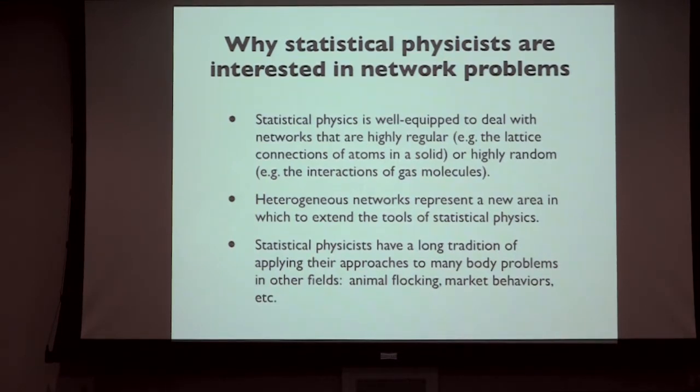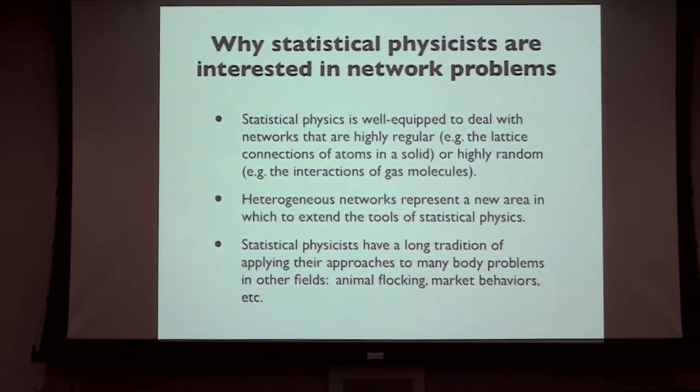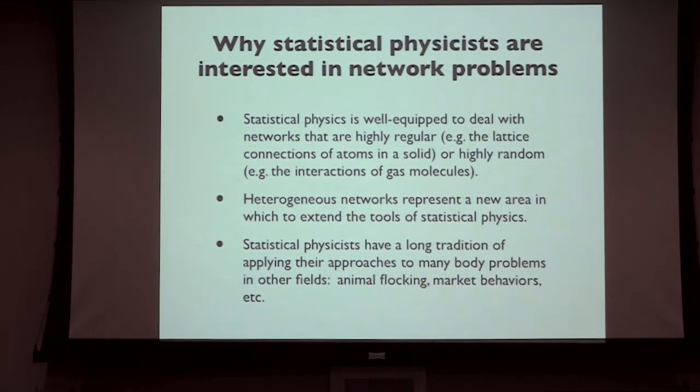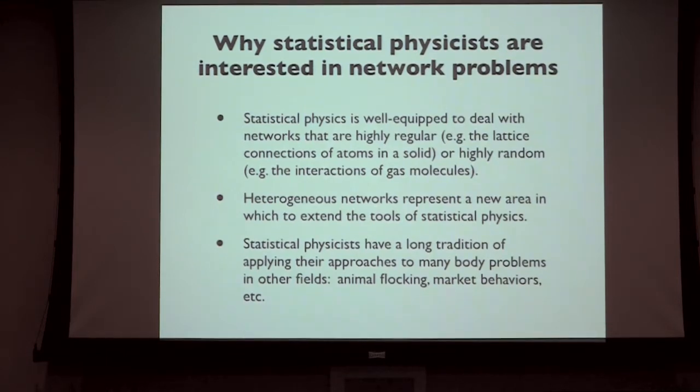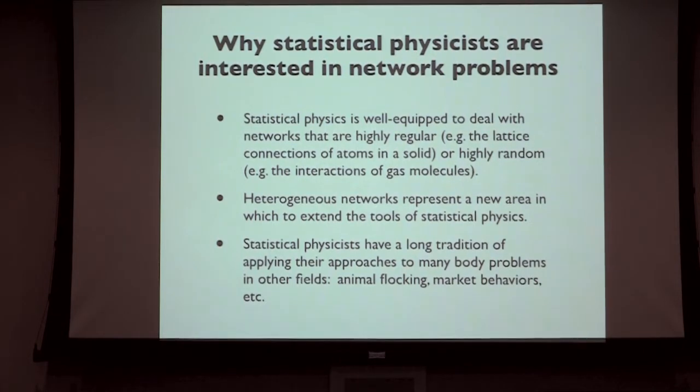But statistical physicists have a long tradition of applying the mathematical approaches developed for this field to many body problems in other fields. Some examples are problems like animal flocking, which is similar to spin glass problems, and you can look at market behaviors in similar ways with models from physics. So we take this approach in looking at these network problems.